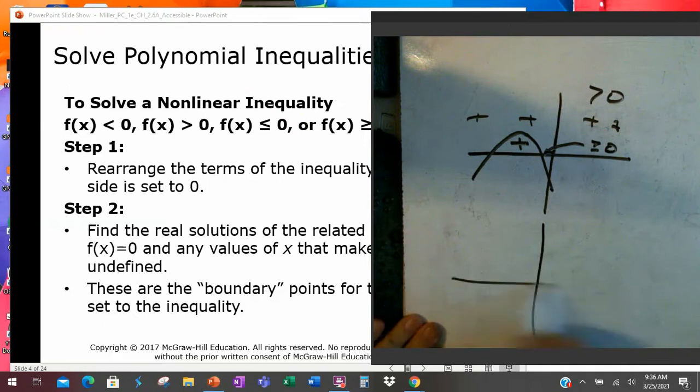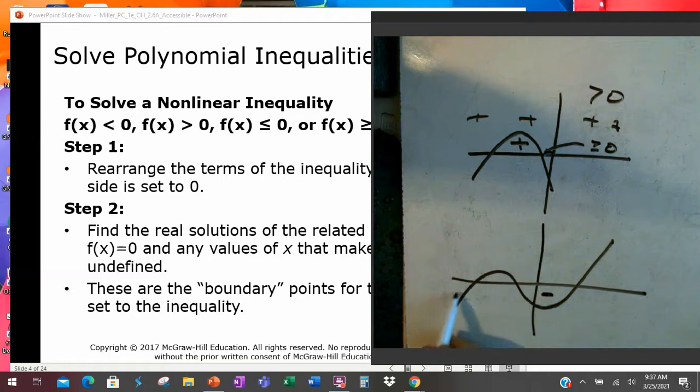If I draw something here, this area over here and here is less than 0. All of these are negative signs. And if I include these points along with that, I would be saying less than or equal to 0.